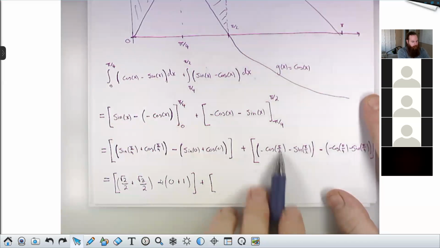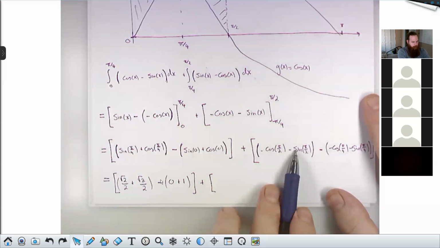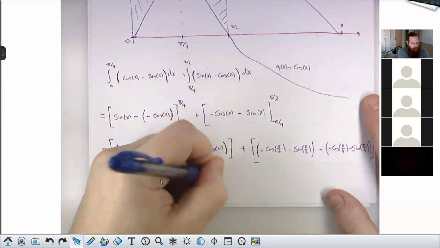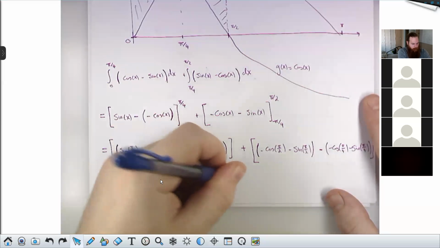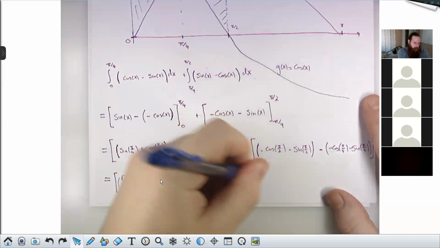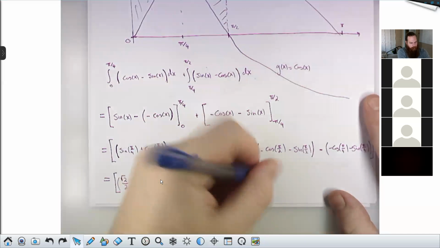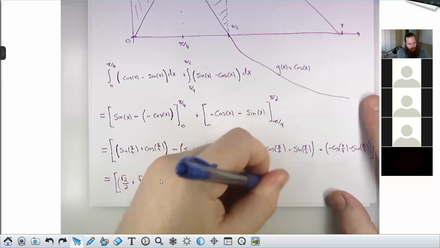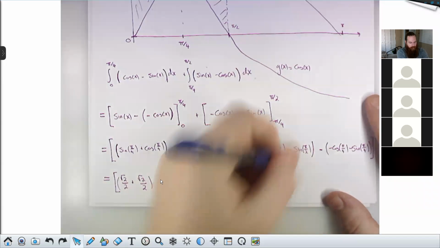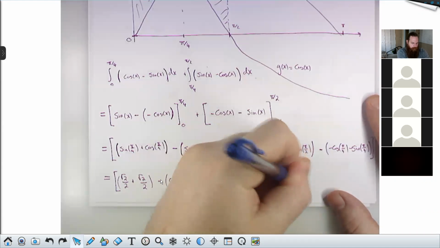Well, the cos of pi over 2 is 0, and the sine of pi over 2 is 1. So this is 0 minus 1 minus negative cos pi over 4. Well, that's negative root 2 over 2 minus the sine of pi over 4, which is root 2 over 2 also.